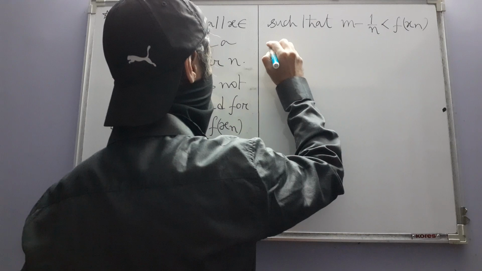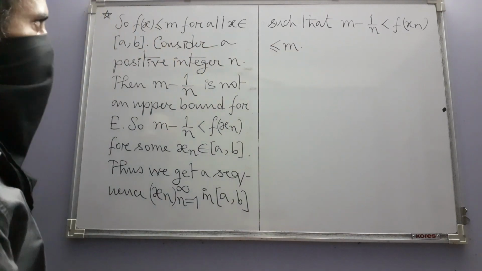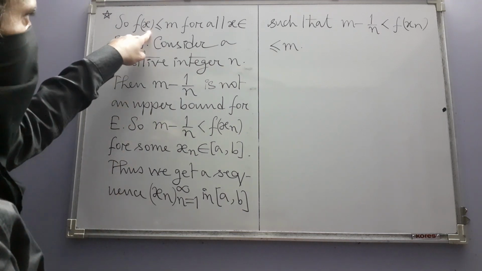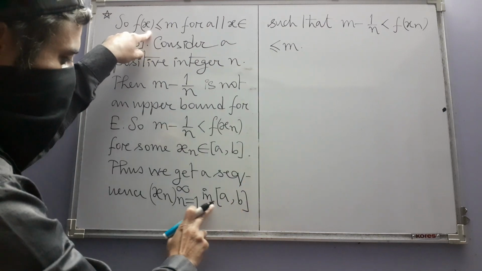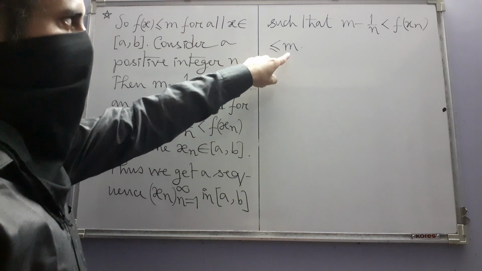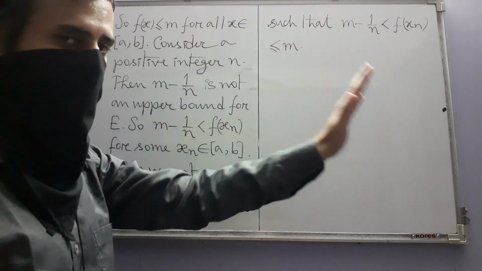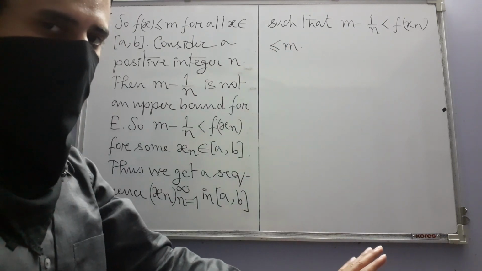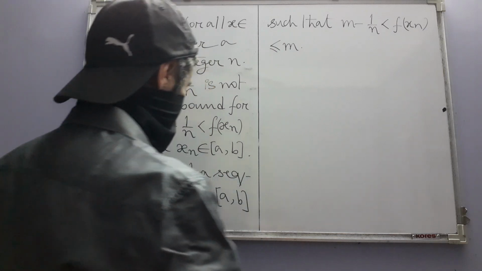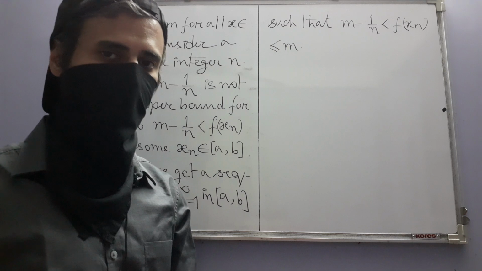These x's. But at the same time, note also that f of xn must be less than or equal to m. Why? Because of this. Because the x's are after all domain elements, domain points. So the f values must not exceed m. M minus 1 over n is not an upper bound, but m is still an upper bound. It's also the least upper bound. And this is the place where we can use the Heine-Borel theorem.